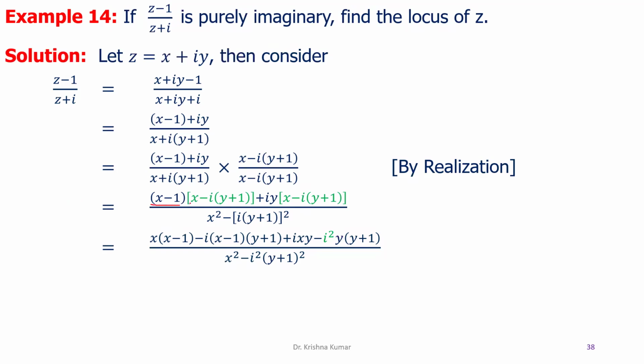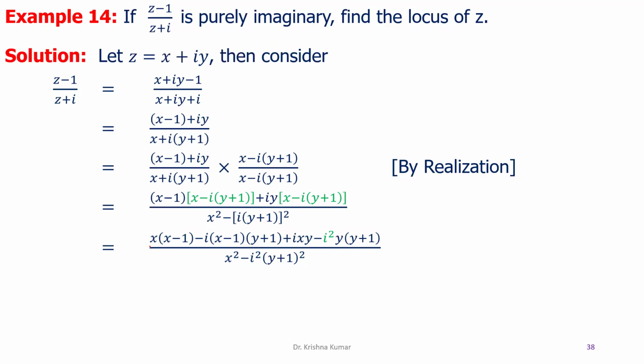Okay, so now let us go ahead and simplify it. (x minus 1) into x is x into (x minus 1), minus i times ((x minus 1)(y plus 1)), and then plus i of xy minus i square times y into (y plus 1), whole divided by x square minus i square (y plus 1) whole square.